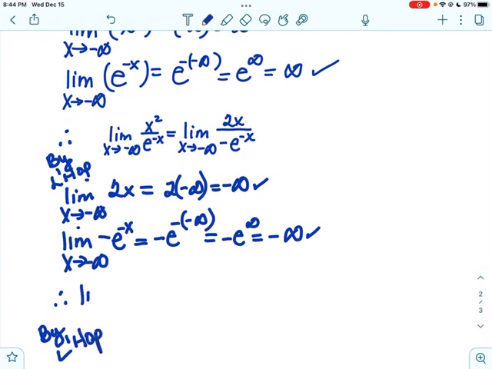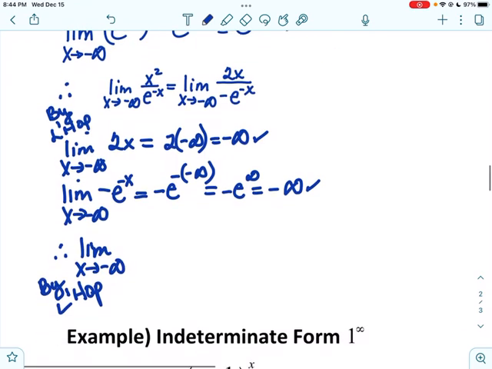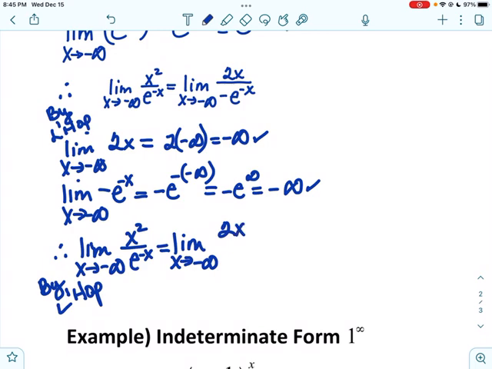The limit as x approaches negative infinity of x squared over e to the negative x is equal to the limit as x approaches negative infinity of 2x over, so they're applying the derivative of the numerator over the derivative of the denominator.